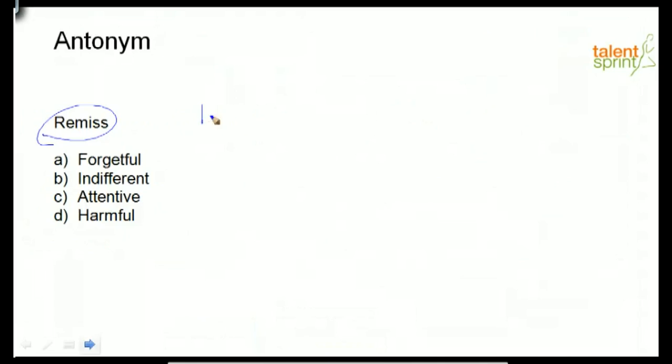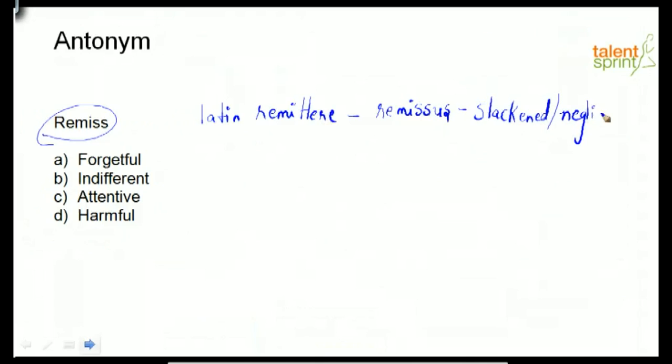In fact, remiss has a Latin root, which means slackened. To slacken means to fall back, right? Negligent. So if you are familiar with this root, then it's going to be easy for you to arrive at the answer. So Raja Venkateshan gave us the answer.